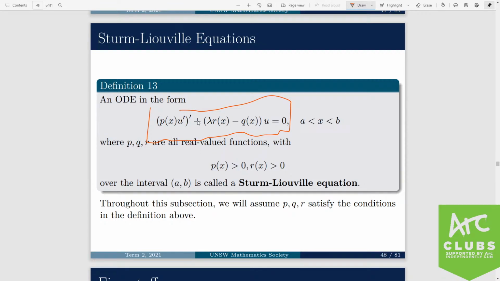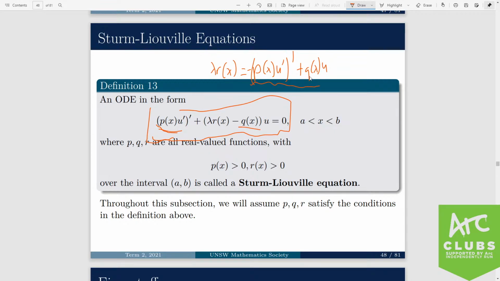So where this comes from is that if we rearrange this, so we move this and this over to the right hand side, we get lambda r of x u equals minus p of x u dash dash plus q of x u, and this was our self-adjoint form.